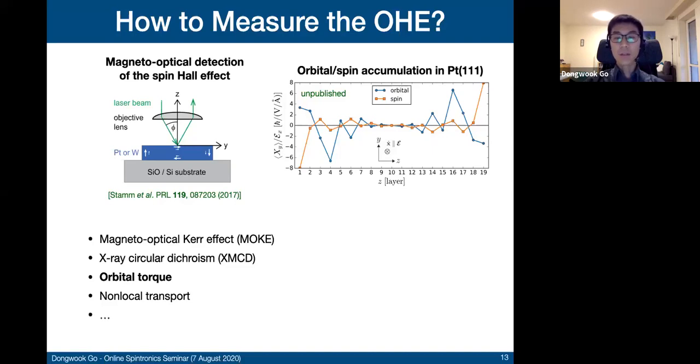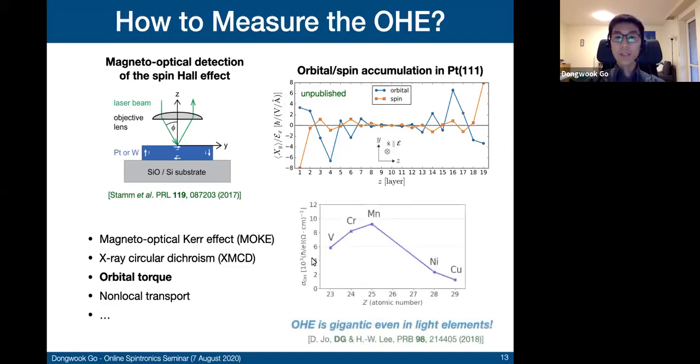Importantly, to measure orbital Hall effect, I think using light elements can be very good because it doesn't depend on spin-orbit interaction. Therefore, orbital Hall effect can be gigantic even for light elements. In this paper, we calculated orbital Hall effect in 3D transition metals mostly, and then found that the magnitude of the orbital Hall effects are very large.